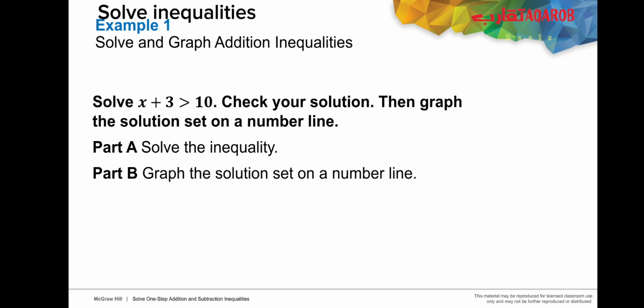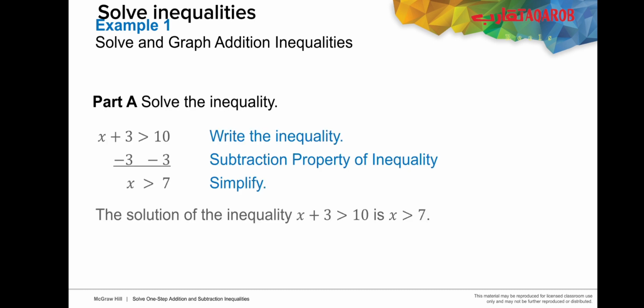Now, how to solve it? Exactly like solving an equation. Since 3 is added and I want to isolate x in the inequality to find the solution, I will subtract 3 from both sides of the inequality, to make sure that I will not change the properties of the inequality.